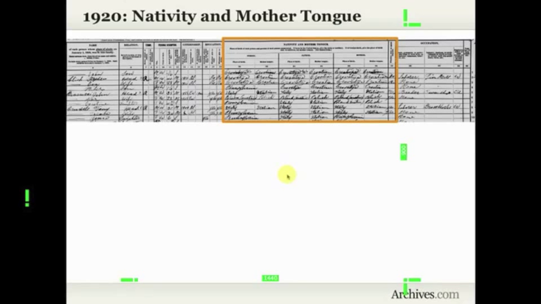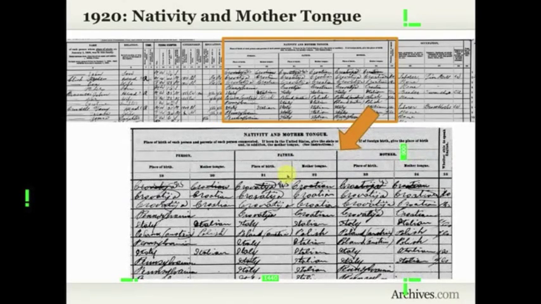Nativity and mother tongue takes up a great portion of the 1920 census. So we're seeing the place of birth and what they're calling the mother tongue, or the native language of that person, the person's father, and the person's mother. And this can give us very good clues about origin when we take a look at mother tongue. For example, this person here was born in Poland with a notation after it, Austria, but their mother tongue was Polish.